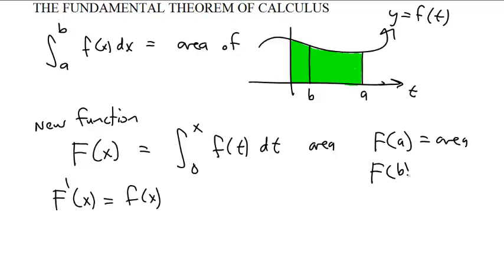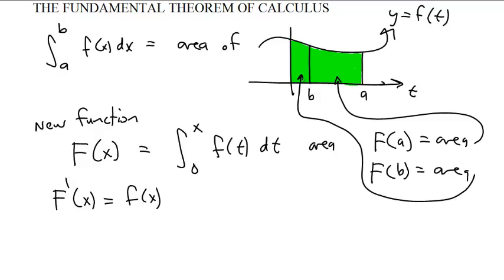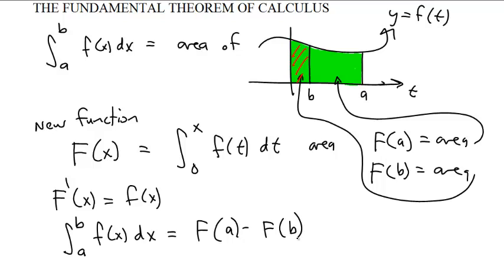Big F of B is the area of just the part up to B. And so if you want the area just between B and A, then what we're going to say is the integral from A to B of f of x dx is F of A minus F of B. Except that I made my A and B switch places.